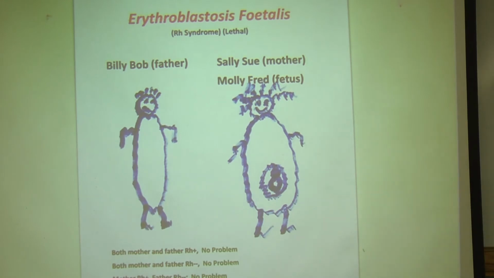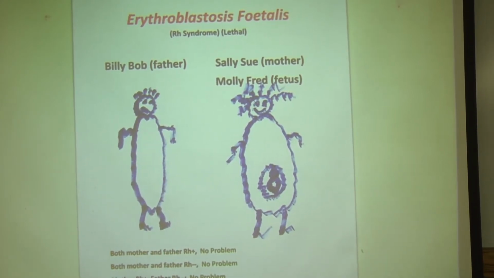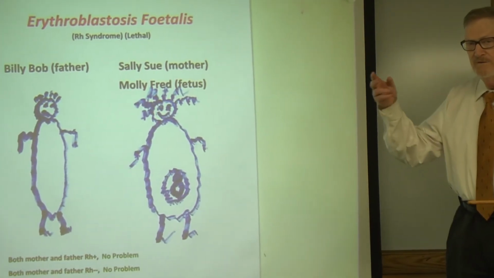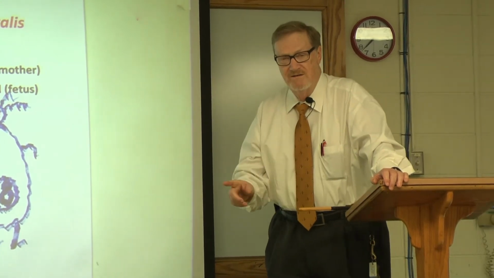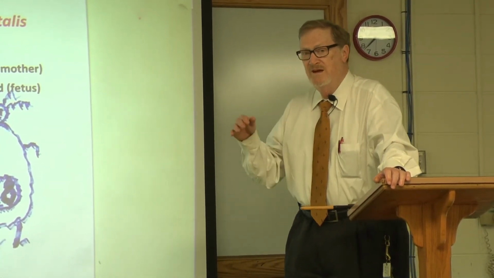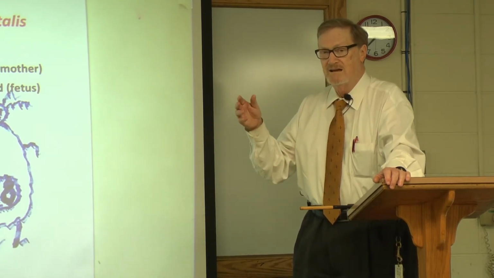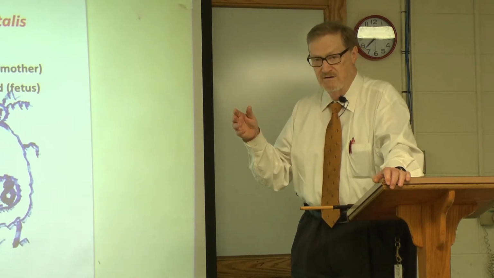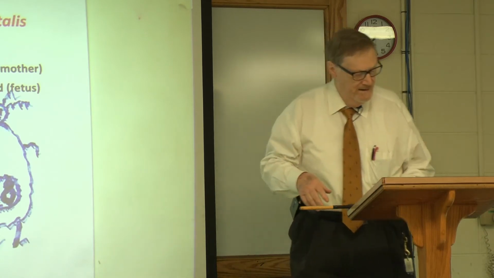But all of that is to explain the fact that erythroblastosis fetalis is lethal, and points out the fact that the placenta is not only a communication device, allowing things to go from mama's blood to fetal blood and vice versa, it's also a protective device in that it prevents some things from getting across the placenta from maternal blood, such as antibodies against the Rh factor, from mama into fetal blood where it can do harm. Okay. All right.